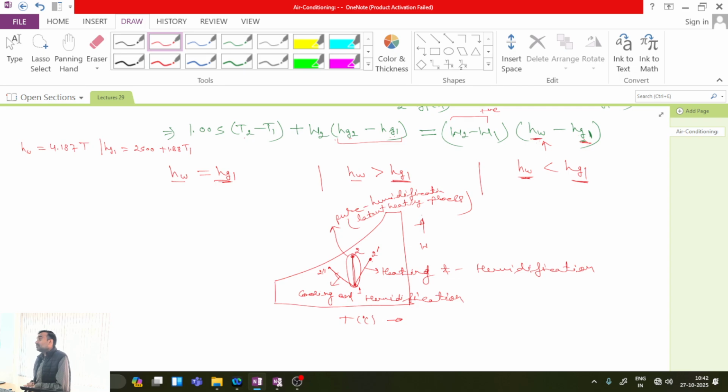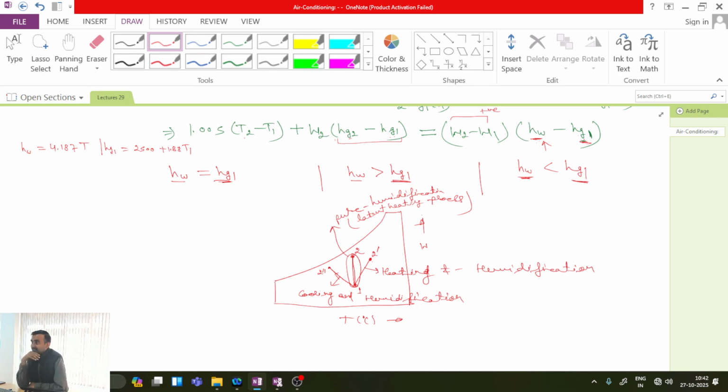The other thing is through our respiration. Whenever we are breathing out, some moisture content is added into the room, and the air which we breathe out has a temperature almost identical to that of the ambient air.